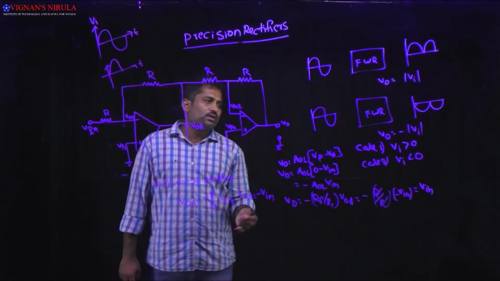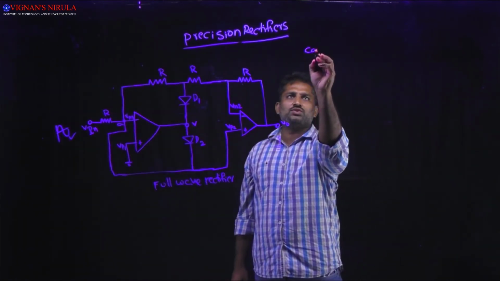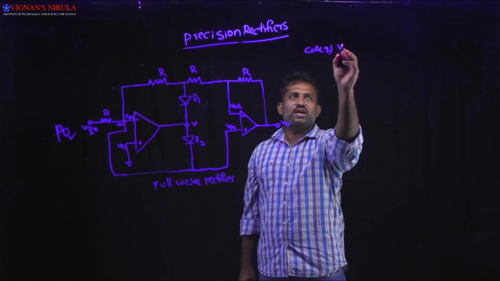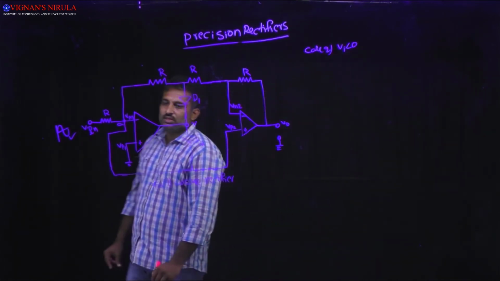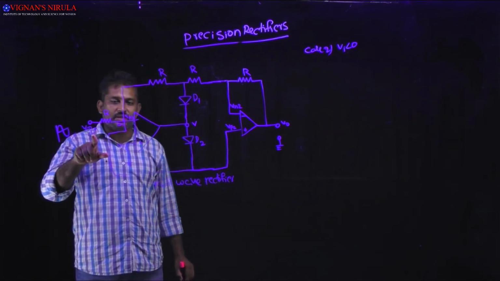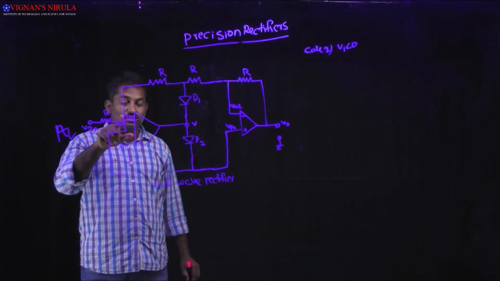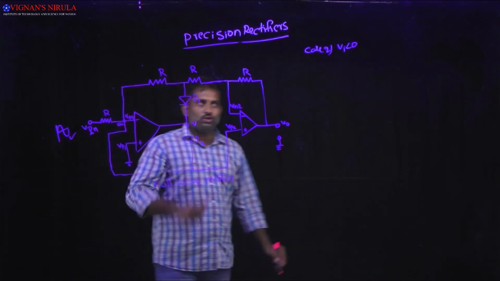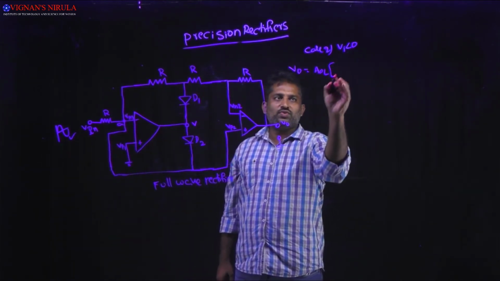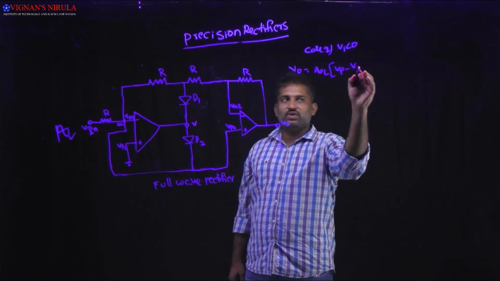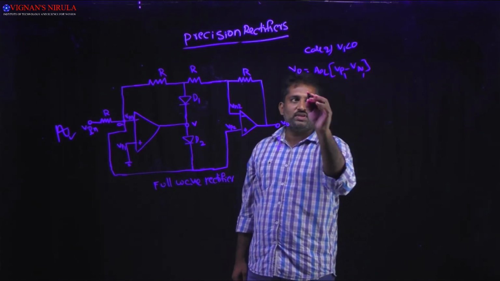Next coming to case 2. What is case 2? Case 2 is Vi less than 0. What happens when Vi is less than 0? Here we are applying the input at the non-inverting terminal. So V naught is equal to A naught L into Vp minus Vn, that is Vp1 minus Vn1.